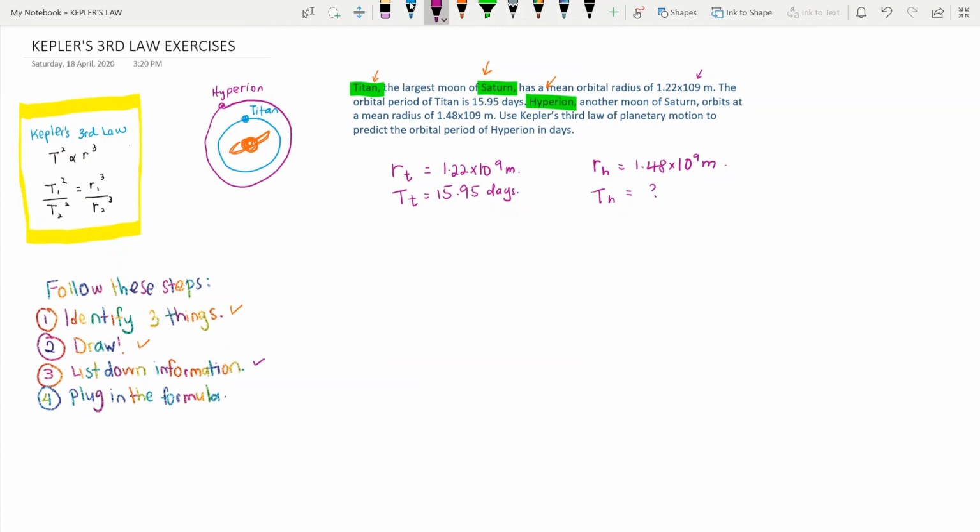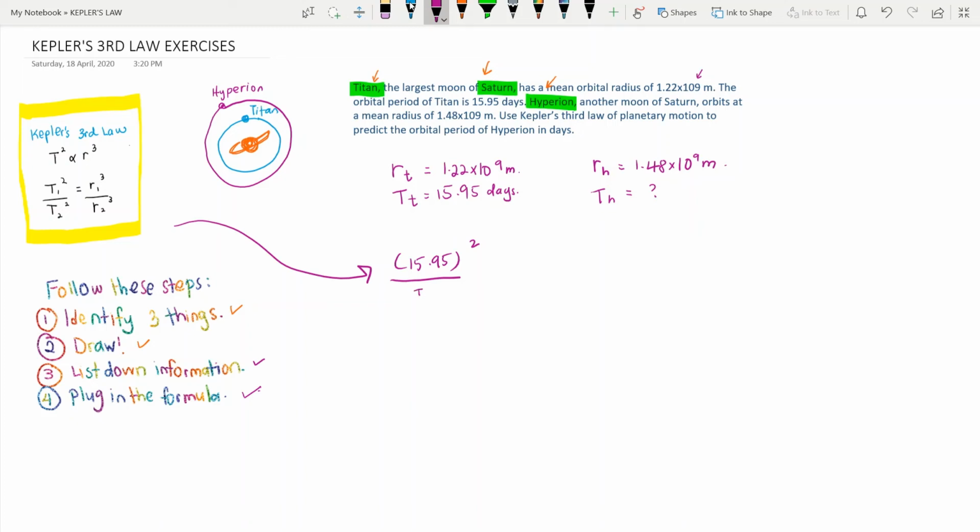Okay, so after kita dah list down all information, so we can start to plug the information in the formula. Okay, so kita drag formula ni masuk sini. So 1 would be Titan, 2 would be Hyperion. Okay, so T1 is 15.95 days square, right, bahagi T2, T Hyperion.